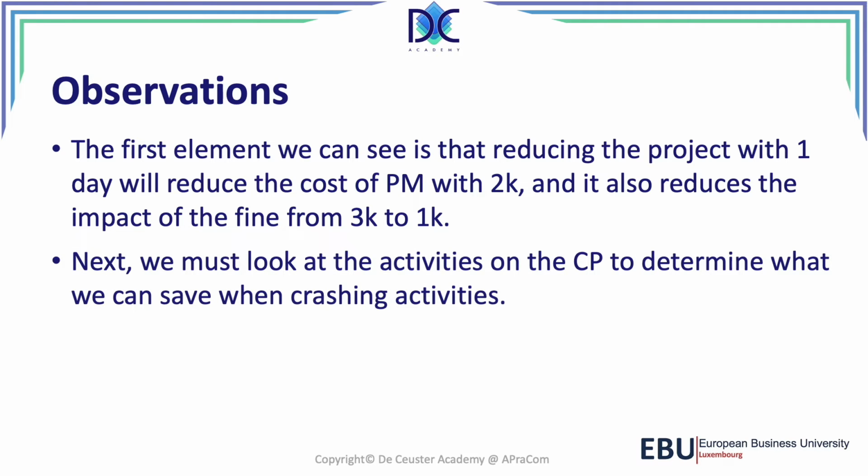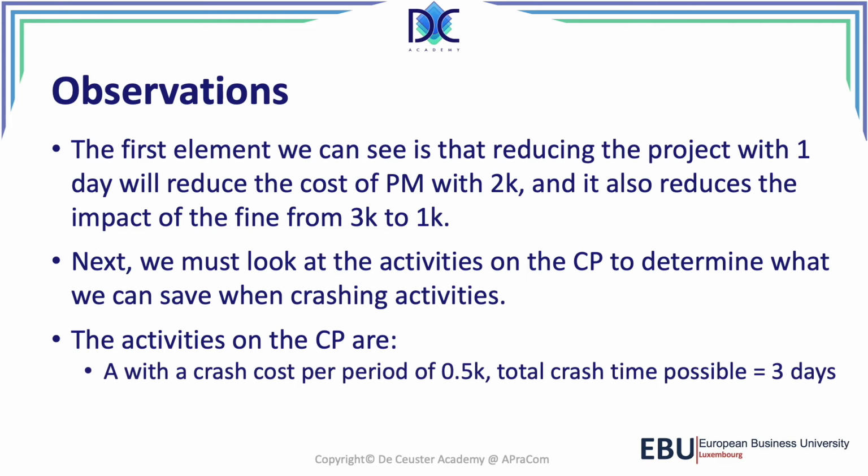Now we must also look at the activities on the critical path to determine what we can save when we are crashing activities. Now, the activities on the critical path that we have in our project is A. A has a crash cost per period of 0.5K, and we can crash this activity maximally 3 days.